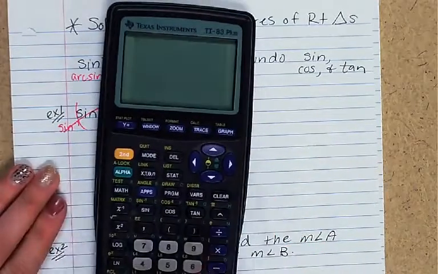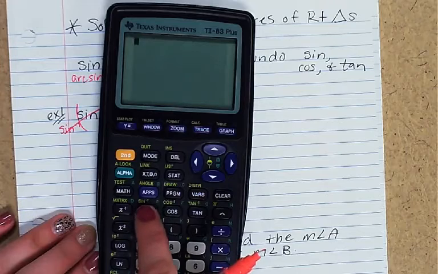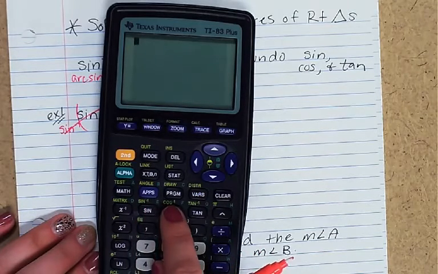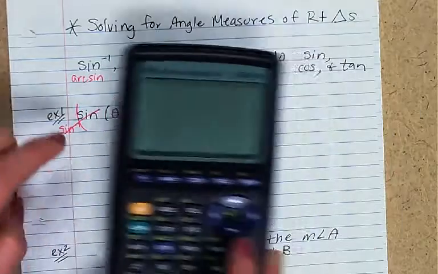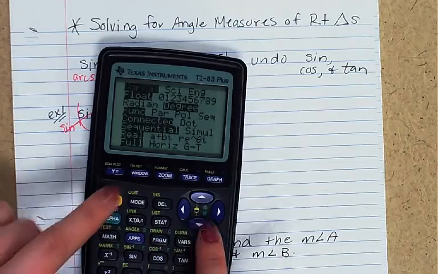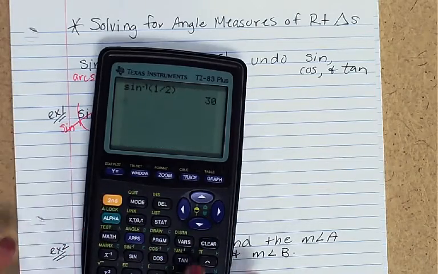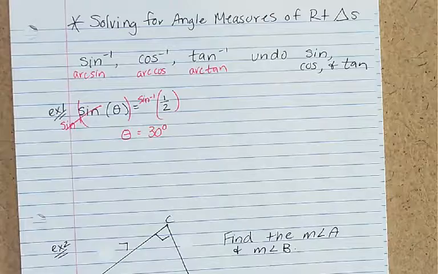If you're using a graphing calculator at home, you'll notice where sine, cosine, and tangent are. Right above them, you will see sine inverse, cosine inverse, and tangent inverse. So I need to do sine inverse of 1/2. Let me make sure that I'm in degrees. I am in degree mode. 30. So this theta is 30 degrees.